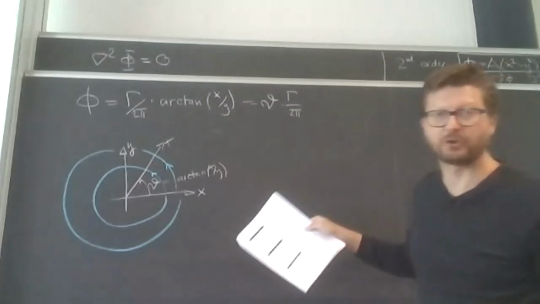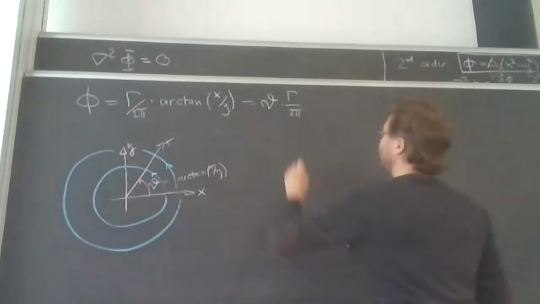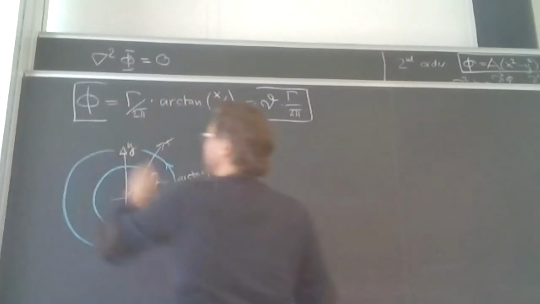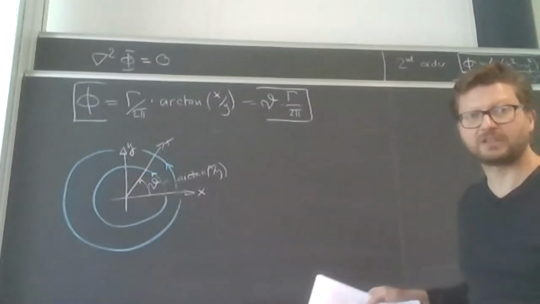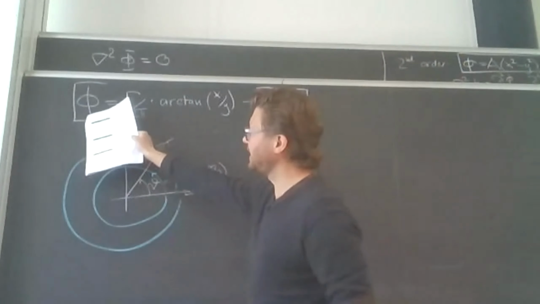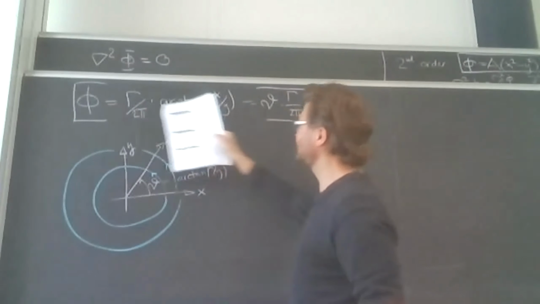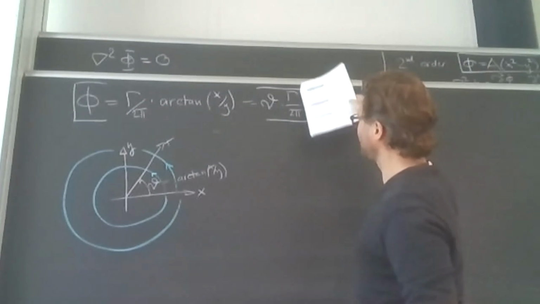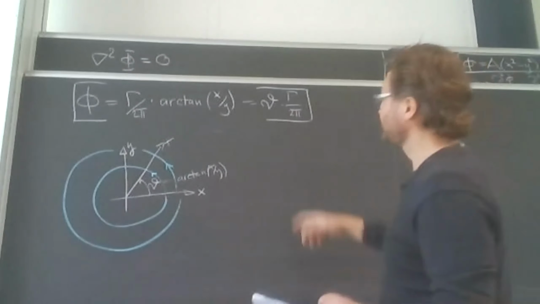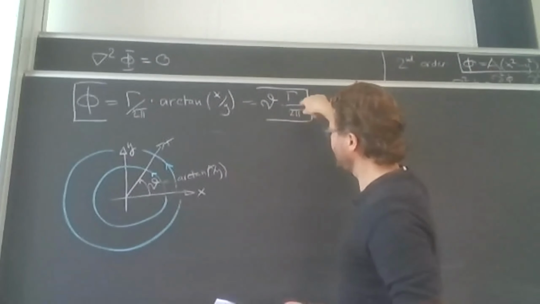This is actually a much more useful way of writing the potential, because now we can immediately understand what it does. What are equipotential lines? So lines where phi is constant. Well, gamma over 2 pi, these are constants anyway. That's the strength of the vortex.